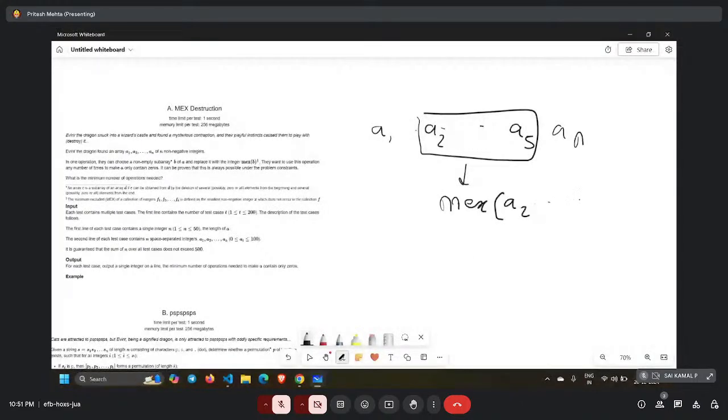Those who don't know what mex is, mex is the minimum excluded element, the smallest number which is not present in the given array.